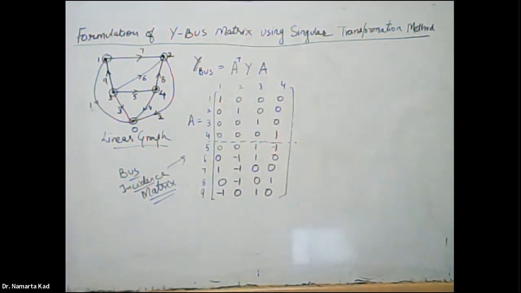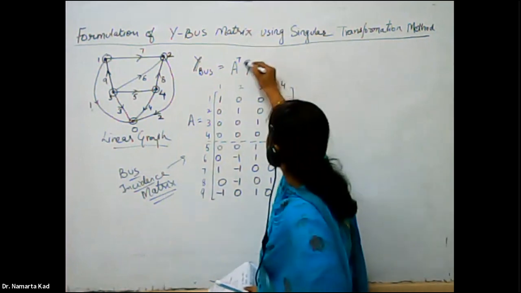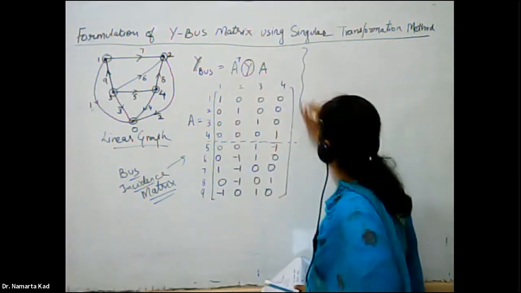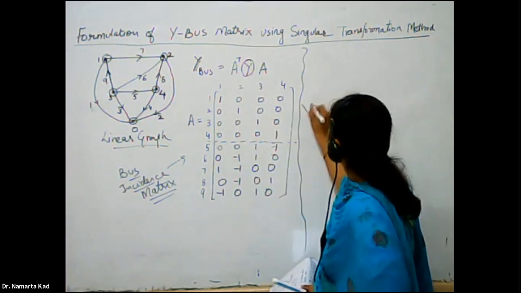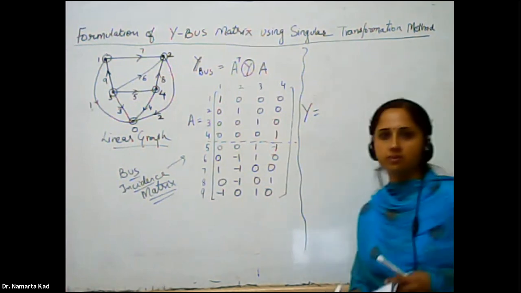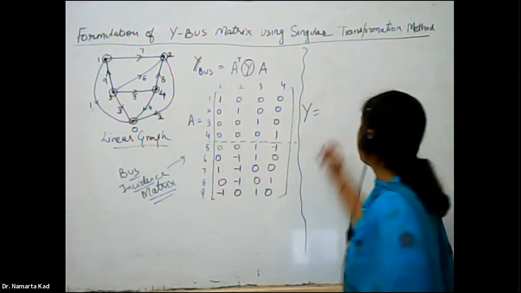Okay, now the next step is to write down the primitive matrix. So what is the primitive matrix? This one, Y. Now to write down Y, the primitive matrix, this matrix is a square matrix depending upon the number of elements.